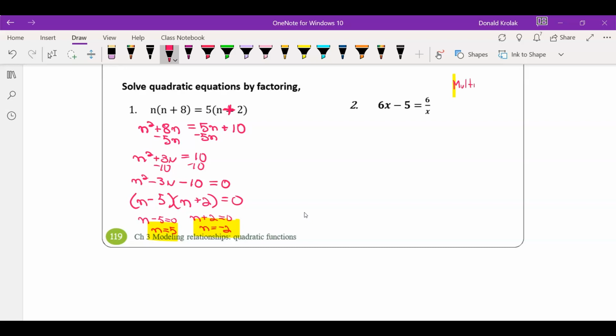I'm going to multiply all terms by x. Now, if I do that, then I'm not going to have this fraction anymore. So each one of these gets multiplied by x, and this guy gets multiplied by x. And now, no fractions.